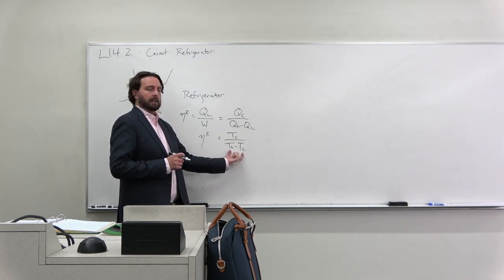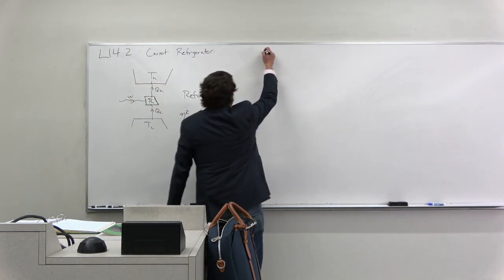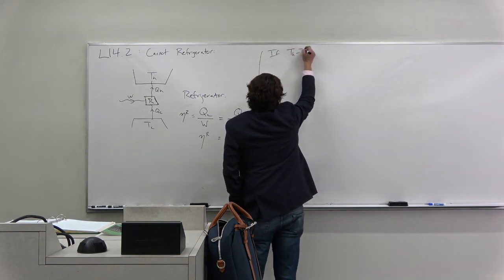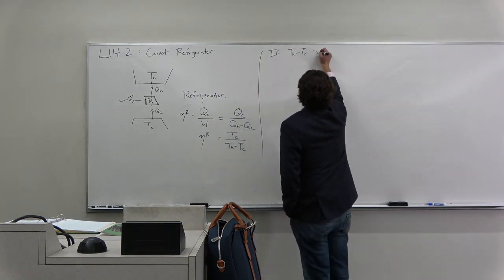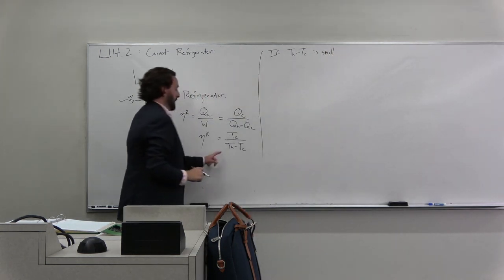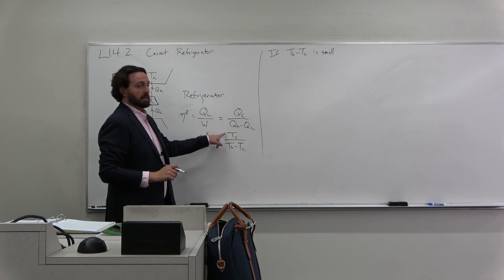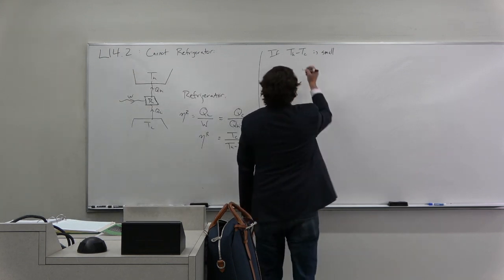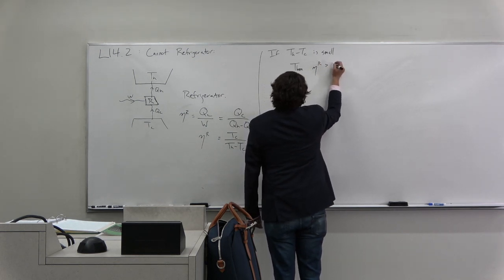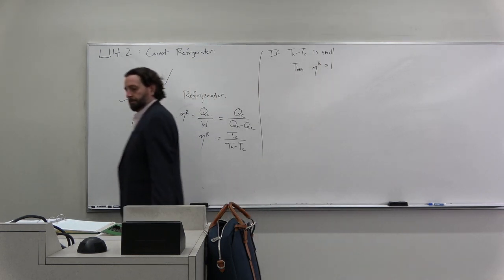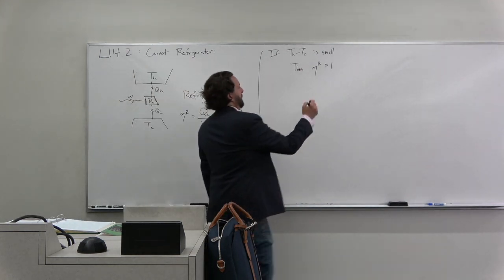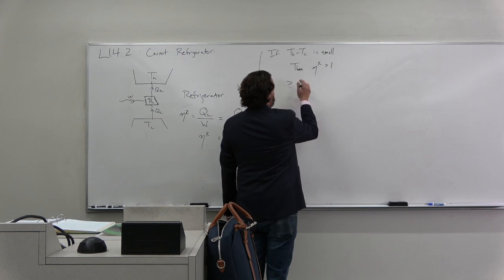If TH minus TC is small, right? So that would be a small number. Then eta of a refrigerator is greater than 1. Okay? So how do you have something that's greater than 1?